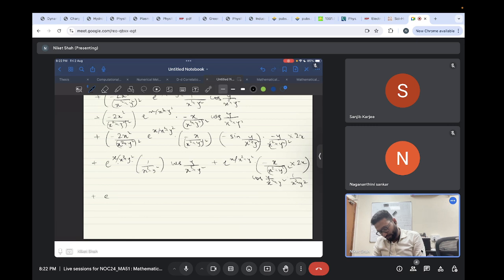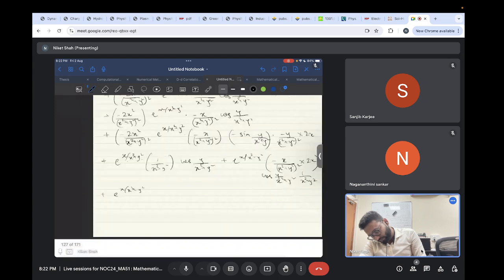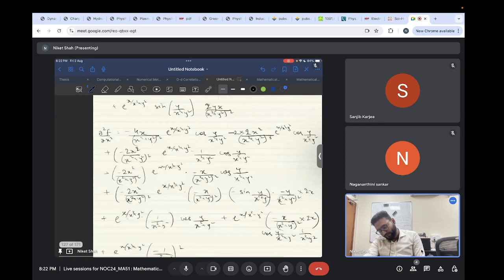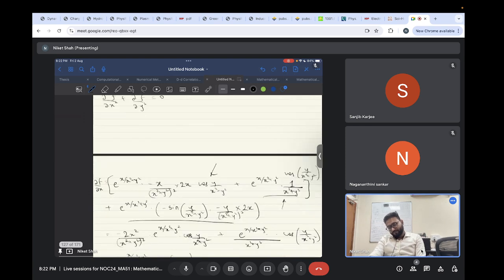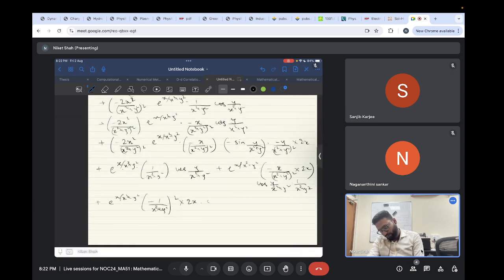plus e raised to power x square plus y square minus 1 divided by x square plus y square the whole square into 2x cos y divided by x square plus y square.